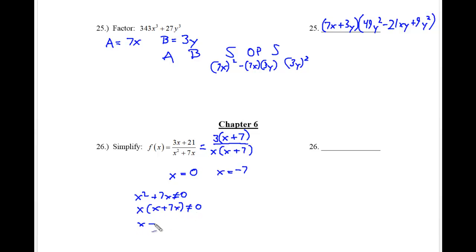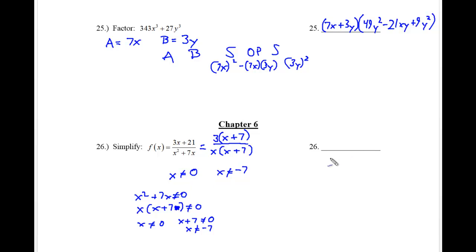I'd have then x is not equal to 0. And then I should have x plus 7 is not equal to 0. So if I move the 7 over, this is x is not equal to negative 7. So I have two excluded values.